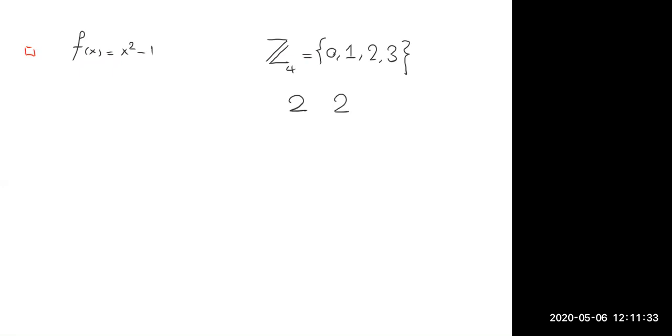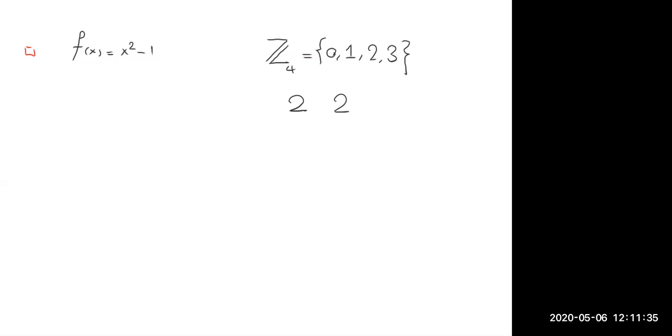Now, there is a kind of problem with this polynomial f of x equals x squared minus 1. The problem is similar to the case of, say, Z4. Consider Z4, the set of numbers 0, 1, 2, and 3, right? Here, 2 is a non-zero number. 2 is also a non-zero number.